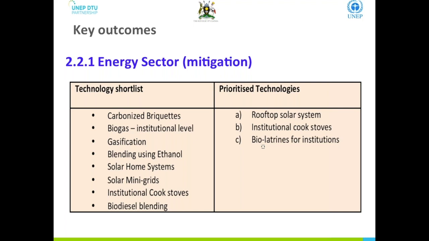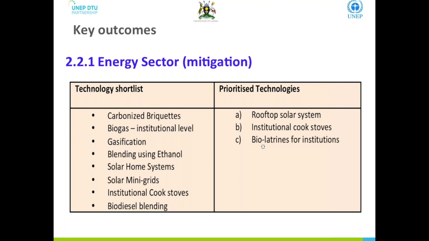Institutional cookstove. This is very important to us because we have huge institutions that consume a lot of biomass in terms of energy in preparing food. You're talking about schools, prisons and other institutions where people congregate. One of the interesting technologies that was prioritized is biolatrines.